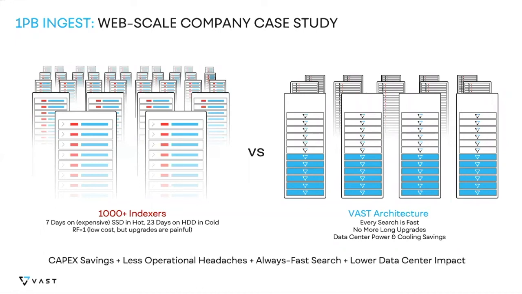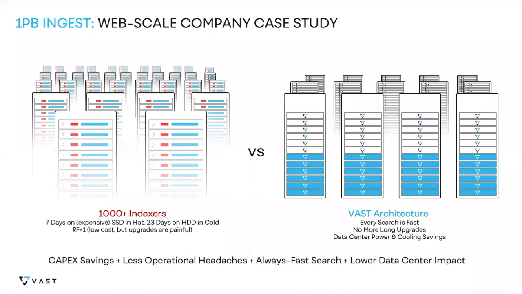And of course, there's a resultant data center power and cooling savings that comes along with reducing down infrastructure and no longer triplicating media in order to support that. So there's a whole raft of advantages here that range from CAPEX savings to lower operational headaches to always fast searches and lower impact on the data center.